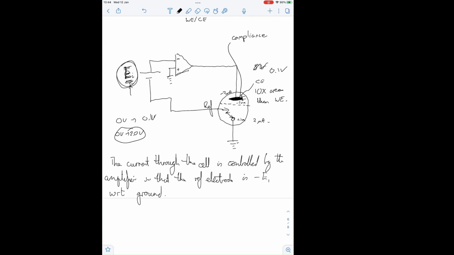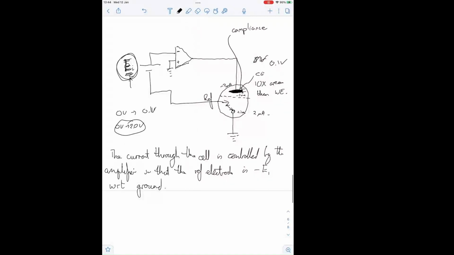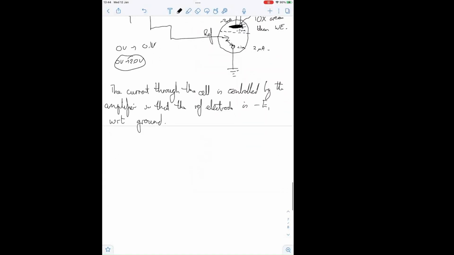Now, why might you want a high compliance voltage? Well, remember the current flowing and the voltage between your working electrode and your counter electrode, and the reference electrode. I've got some current I'm trying to drive so that my voltage here is my set voltage.